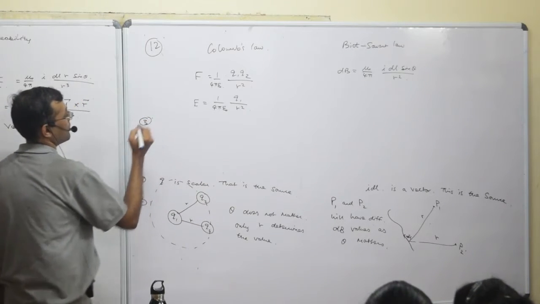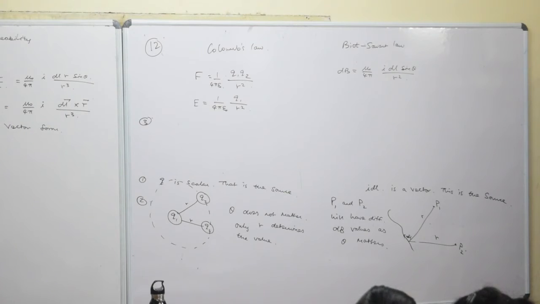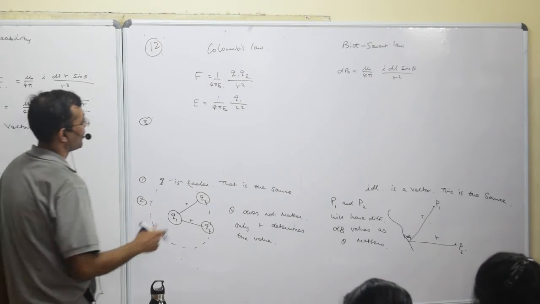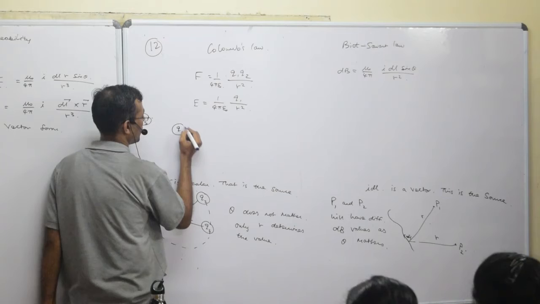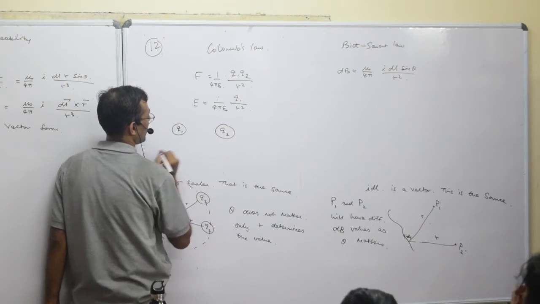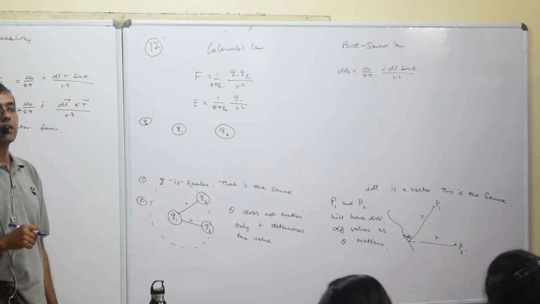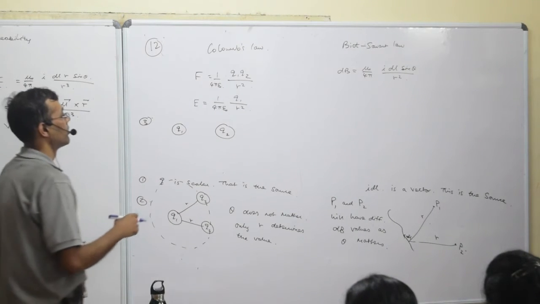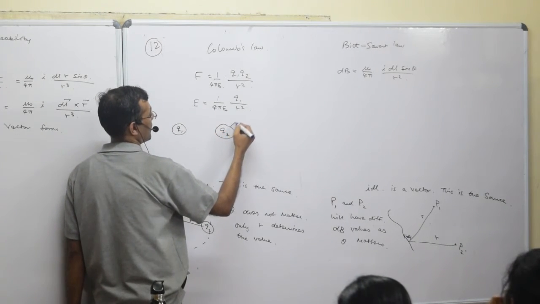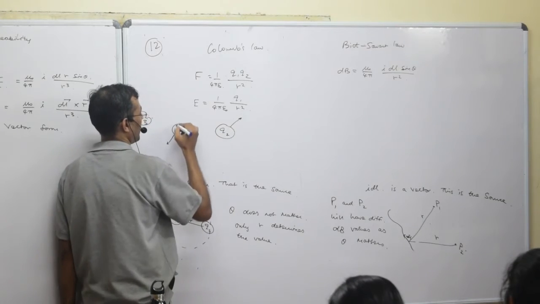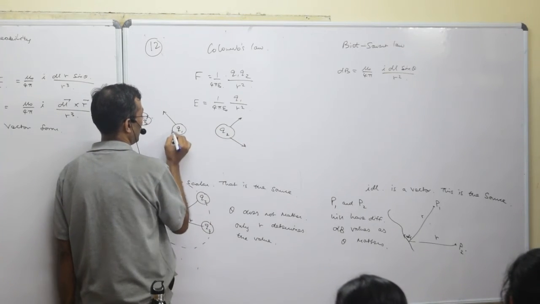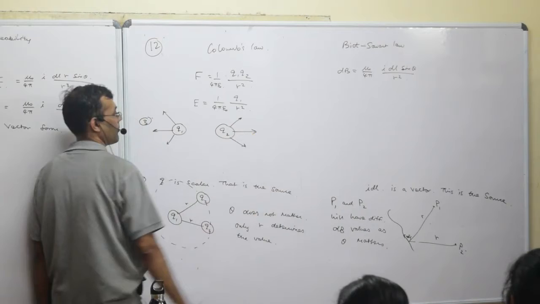So third one, this is most important one. So if I take Q1 and Q2 here, right? So this is Q1, this is Q2. So where do you think the forces are acting? Which direction is it acting? Is the force of repulsion acting this way, or is it acting this way, or is it acting this way?